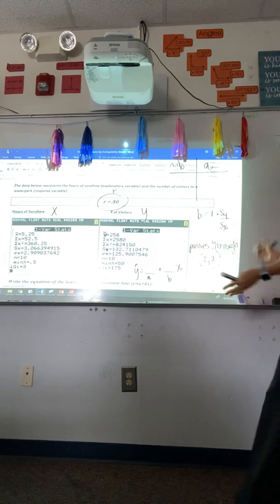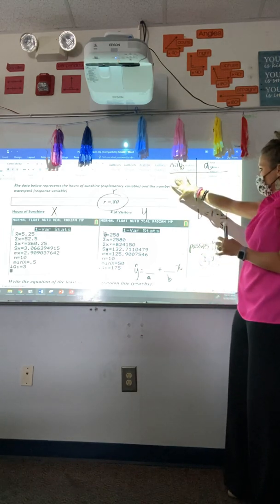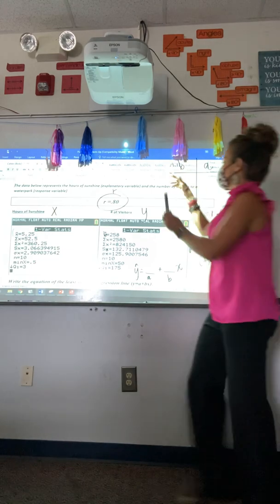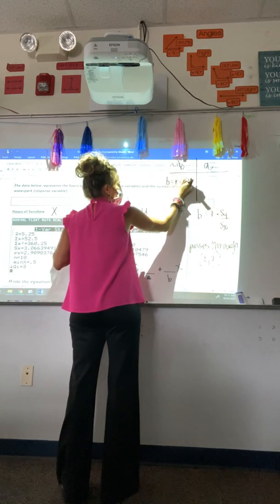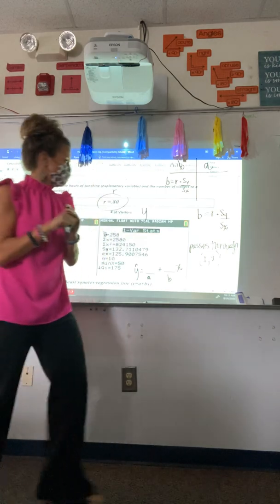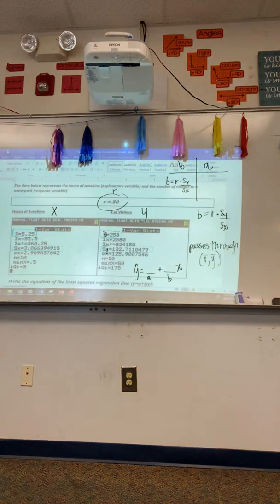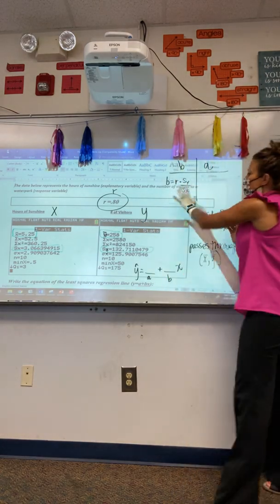And now I can write the equation using the formulas. We have B equals R times the standard deviation of Y over the standard deviation of X. And all you have to do is plug it in. I'm going to turn the lights on to see if they'll be able to see the screen better. Yeah, it looks like the screen will come in better now. All right, so here we go.